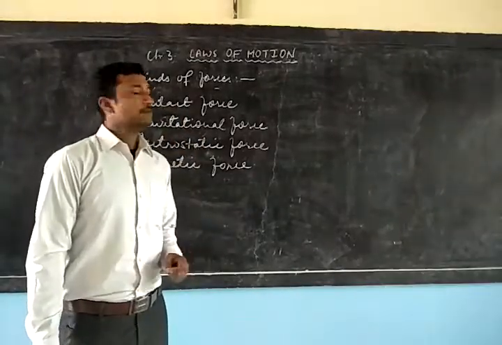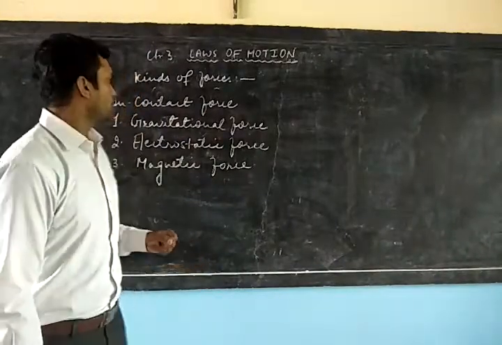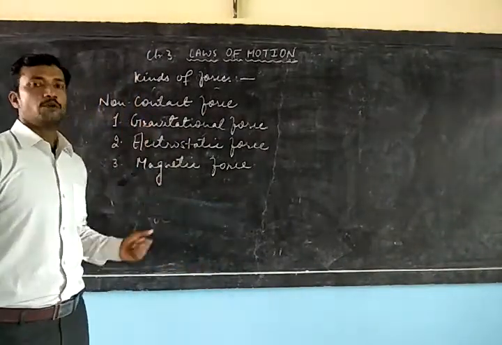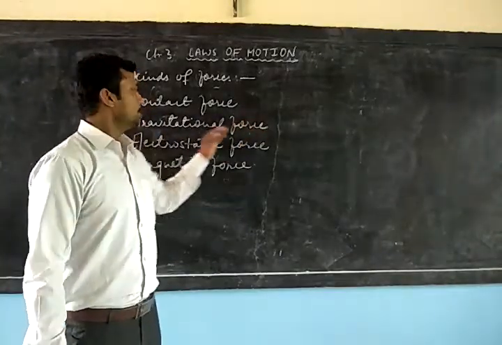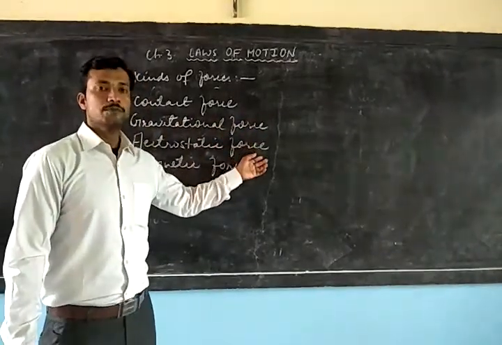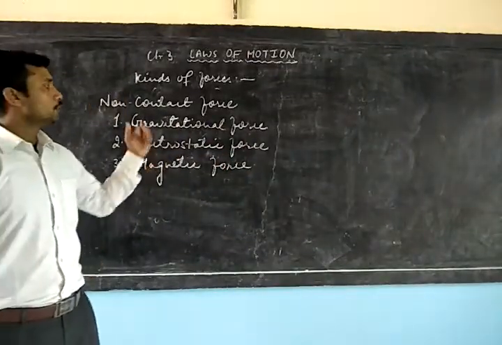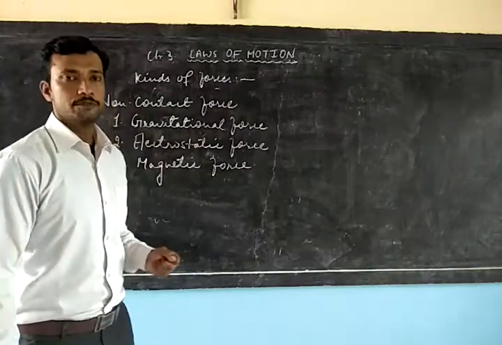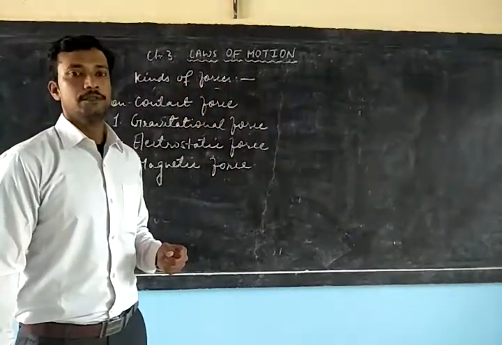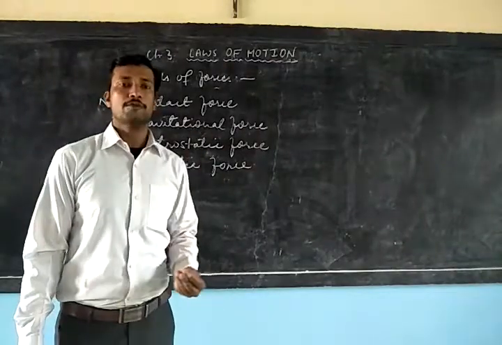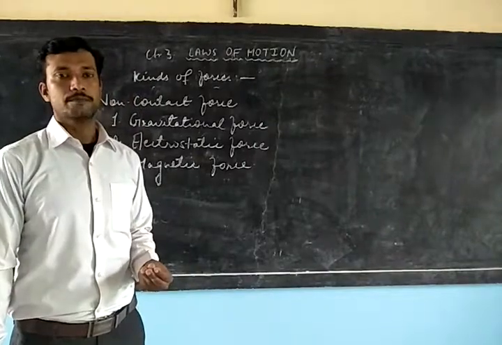Now coming to non-contact force. We have three different types of non-contact forces. One is the gravitational force, the second is electrostatic force, and the third is magnetic force. You know about the gravitational force. When any body is released from a height, it falls under the action of gravity, and it is due to the gravitational force.